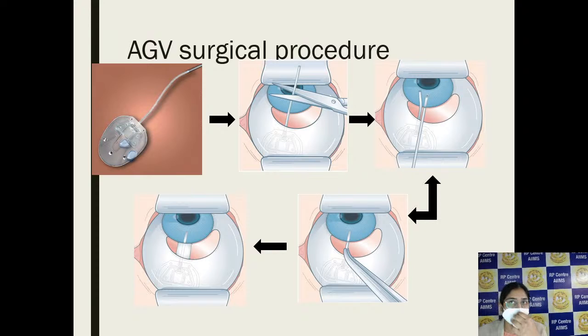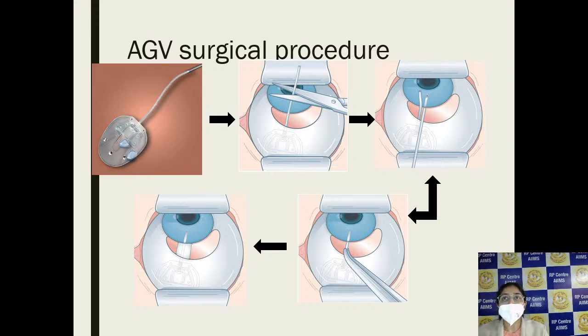Also, if there is scarring in the conjunctiva, in whichever quadrant we are placing the implant, the bleb won't function properly, because as we know from trabeculectomies also, what is most important is a healthy conjunctiva for the fluid to drain.